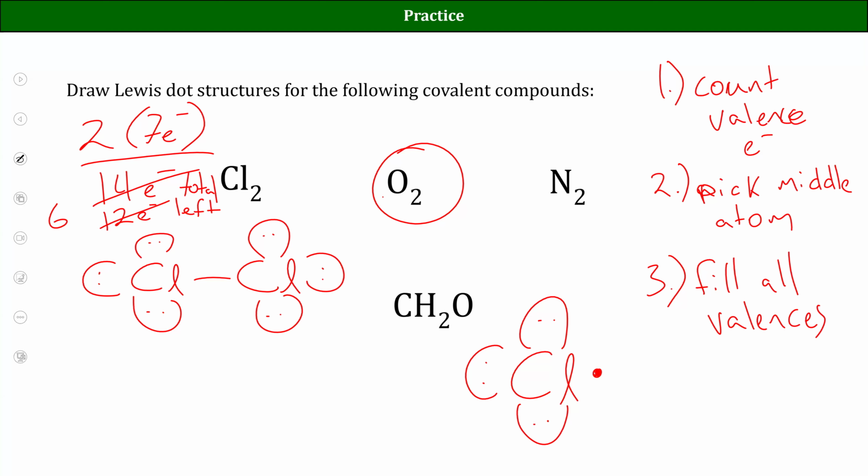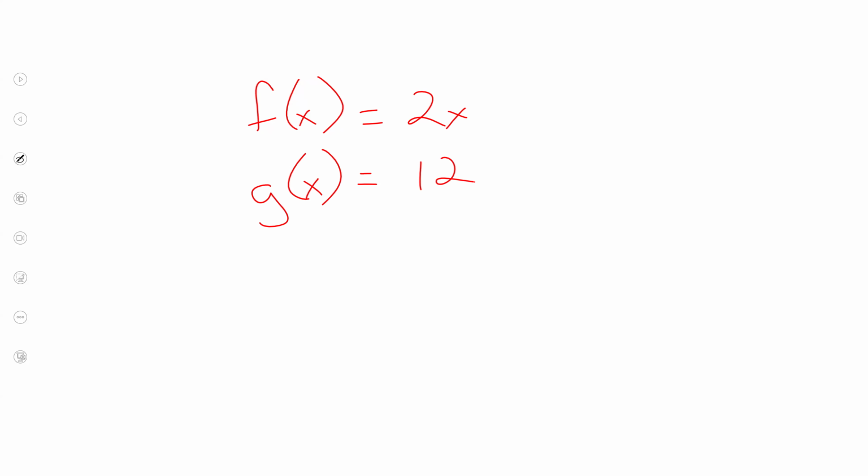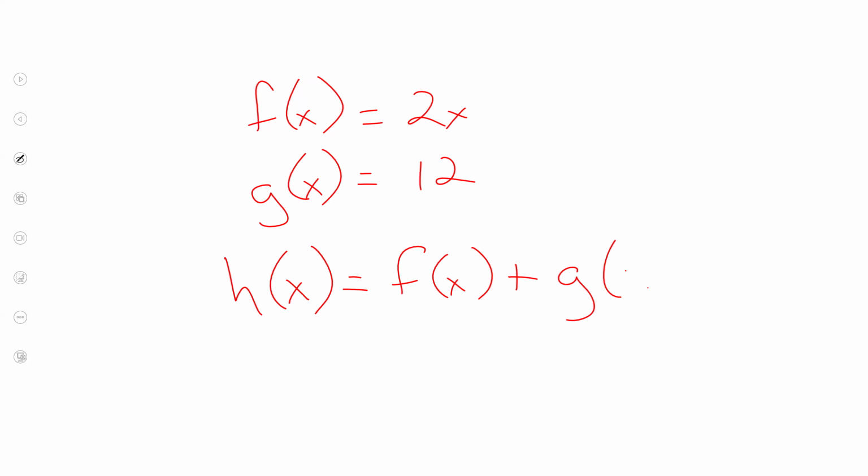In a way, it's called hybridization. It's basically like, if you've taken a math class where you had something that looked like, let's say f of x equals 2x and g of x is 12 and h of x is equal to f of x plus g of x.